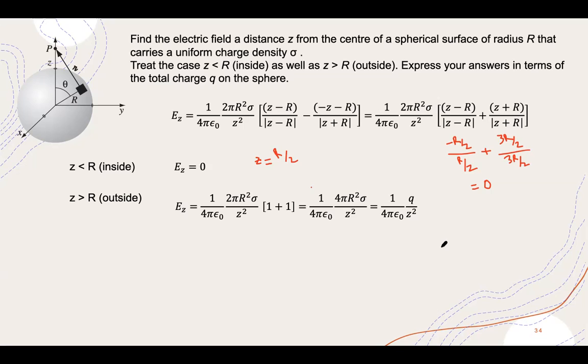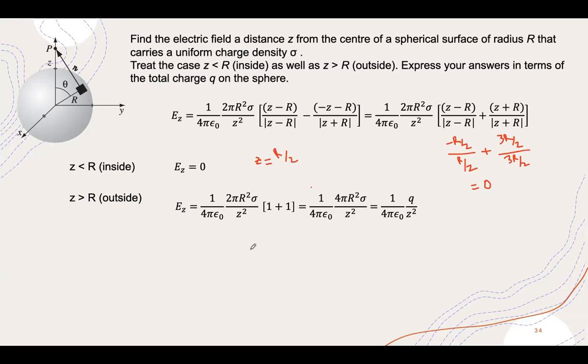Is the concept and the mathematical calculation clear to everyone? Yes, sir. So I think you don't need to remember it, because now you know how the calculations flow. In competitive exams, they generally ask this kind of question: if you have a shell, what is going to happen to the electric field if Z is less than R, if greater than R, etc. So these expressions give you a very helpful idea.